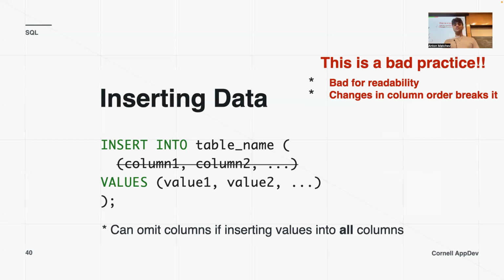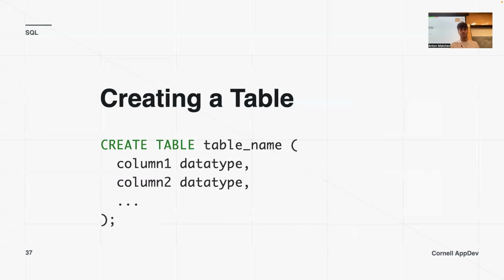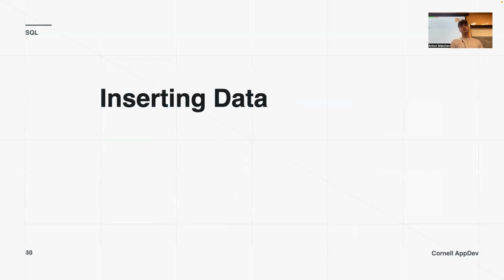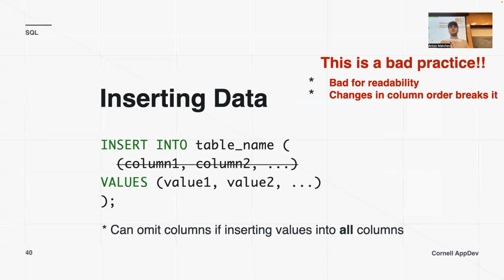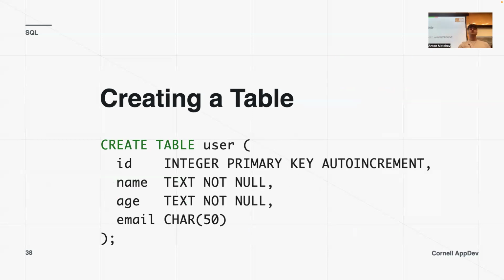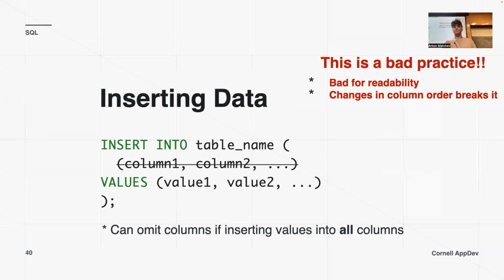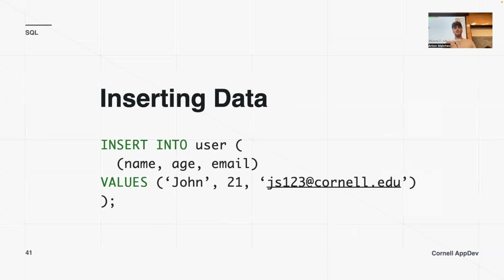And second, if the column order changes, so in this case, if I were to put age above name, then the entire thing would break, because it would be trying to put the age integer into the name, and name only accepts strings. So an example of that would be insert into user, name, age, email, and then the values John, 21, JS123 at cornell.edu.